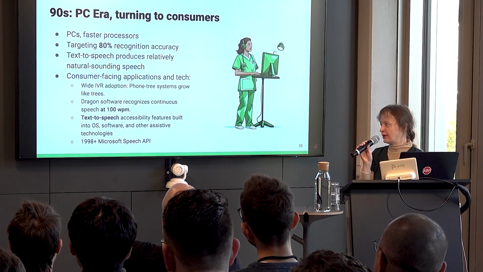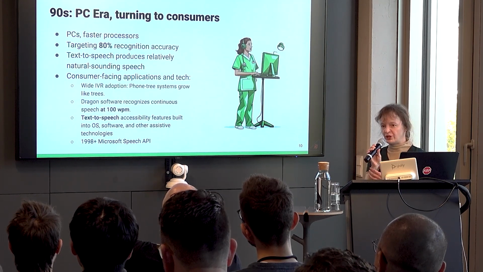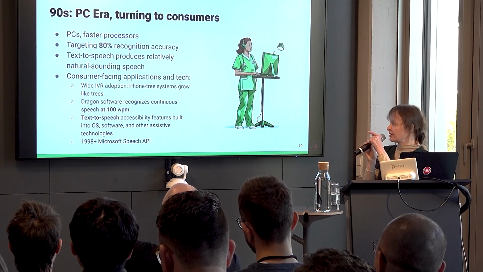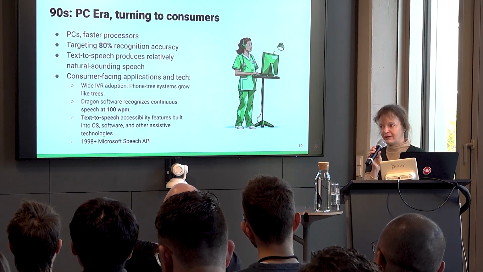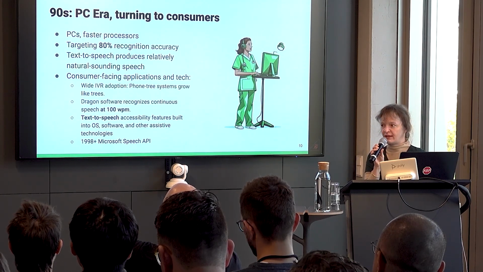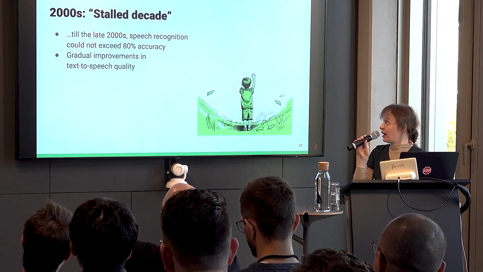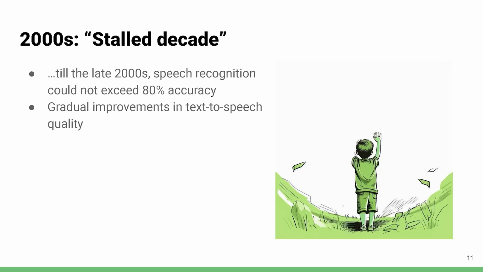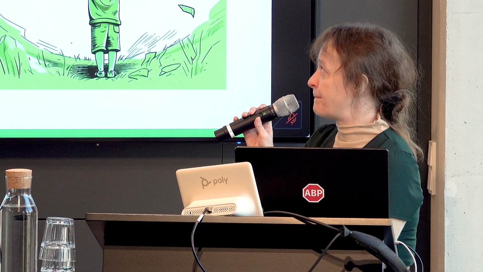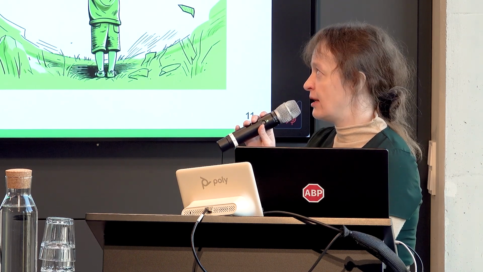And in 1998, Microsoft releases the Speech API. That's actually when, with text-to-speech, we had healthcare on board, which means more money into the sector. That was the first real important client. And the early 2000s was a stalled decade, so they could not really exceed 80% speech recognition accuracy.